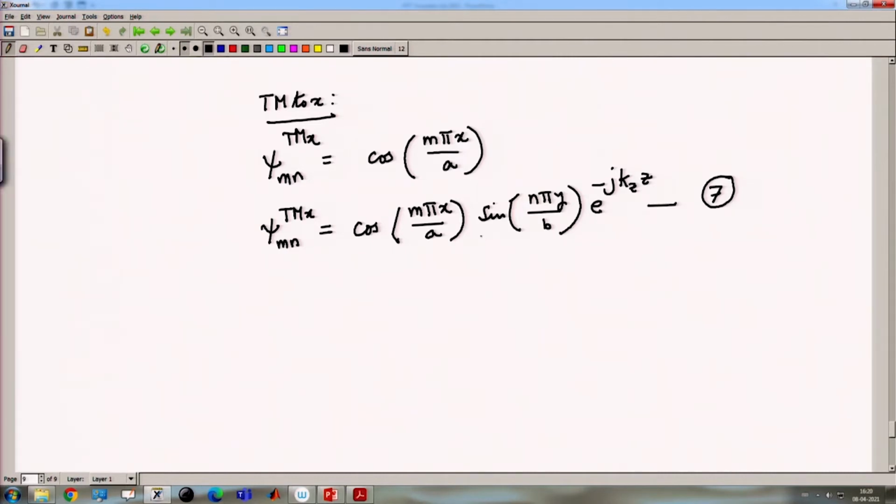Because at y equal to 0 and y equal to b, the Ex has to vanish, that is dictating sin n pi y by b, and at x equal to 0 and x equal to a, the Ey has to be 0.